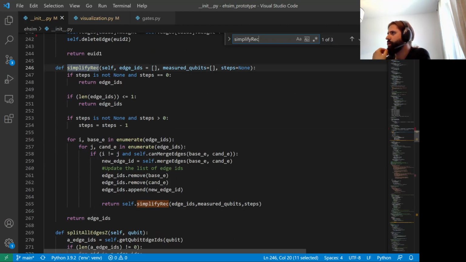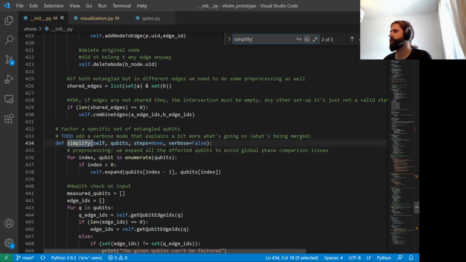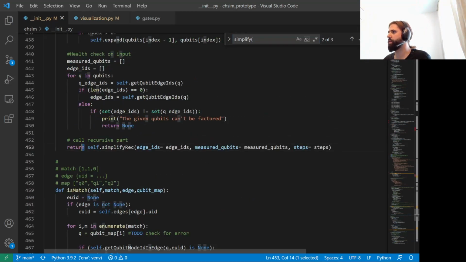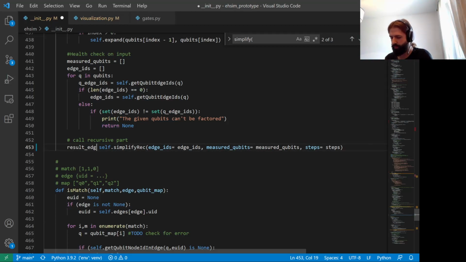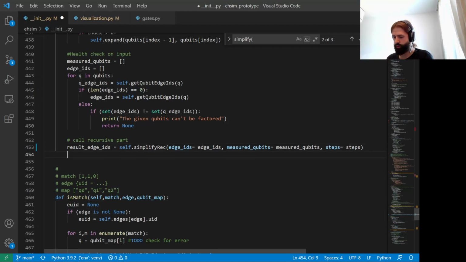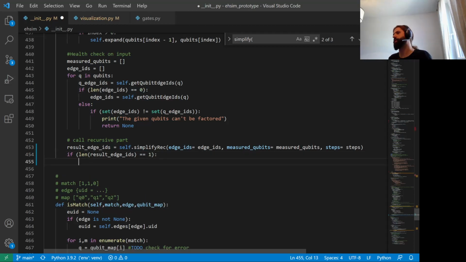And so what I have to do is, if the length of the result edge IDs is 1, I just have to fix that. This means I have to get rid of these.